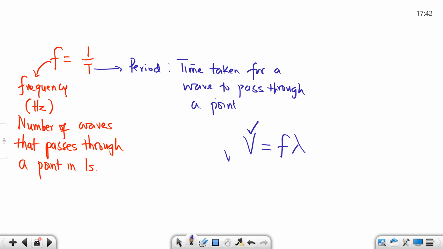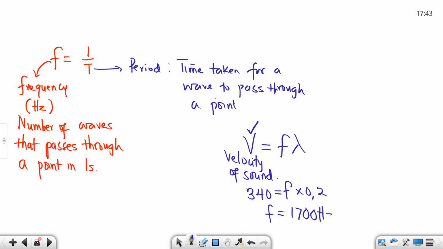What is V? Velocity of what? Sound. And we are given in this question as what? 340. Do we know the frequency? No. Do we know the wavelength? So what's our frequency? 1,700 hertz.